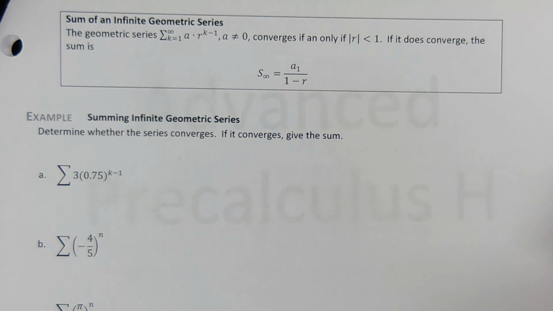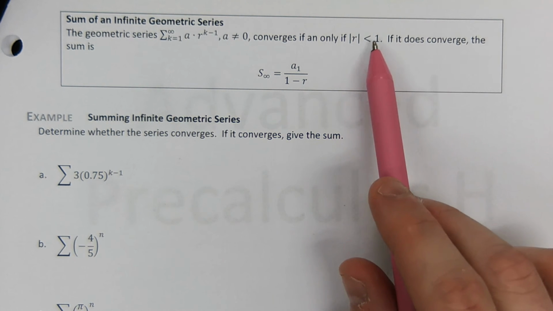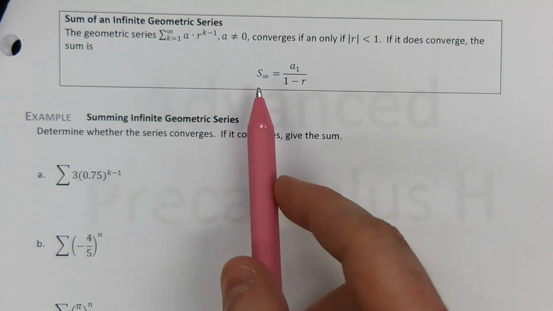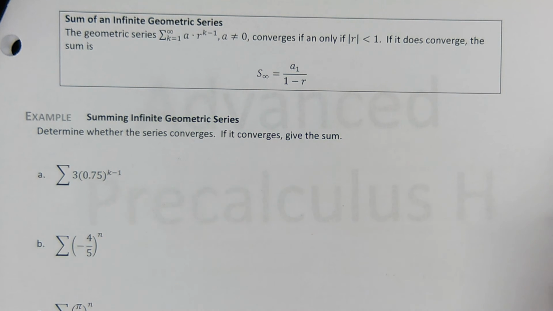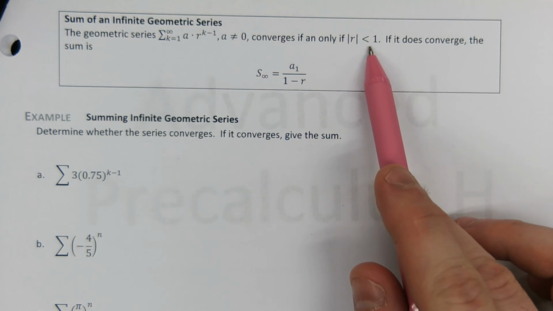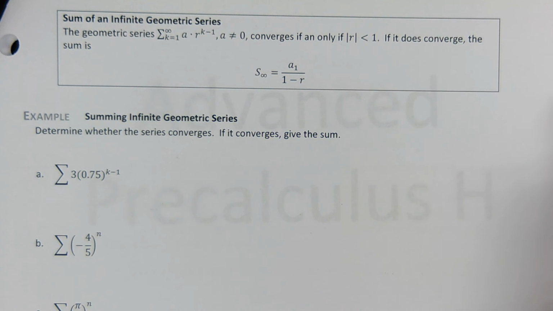You see, if you let r to the n become very, very small, meaning r must have been a number between 0 and 1, which is what this says, also between 0 and negative 1. Again, that's what that says. Then 1 minus 0 is just 1, and the first set of parentheses, the one on the top of the fraction, goes away because it means nothing. Which means this is the sum of an infinite geometric series. As long as your common ratio is between negative 1 and 0 or 0 and 1, then it will add to a number.